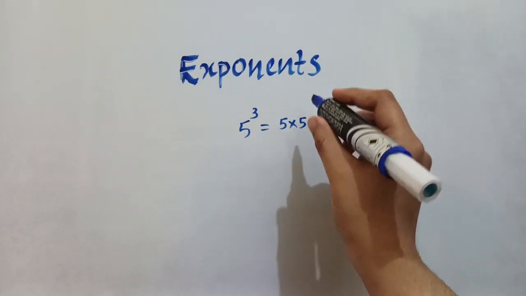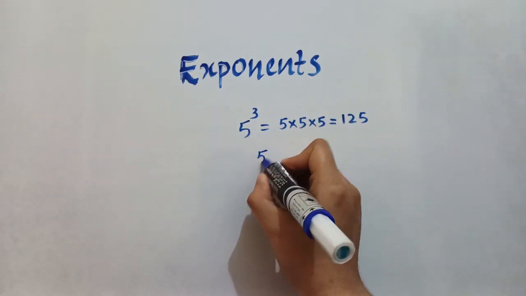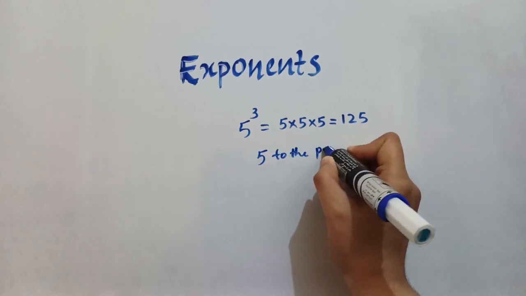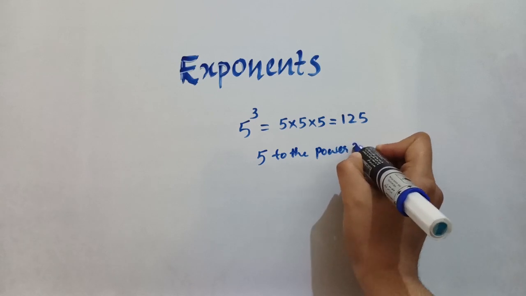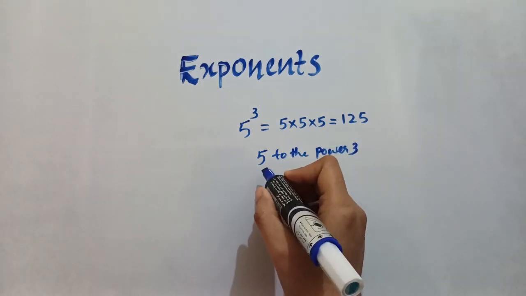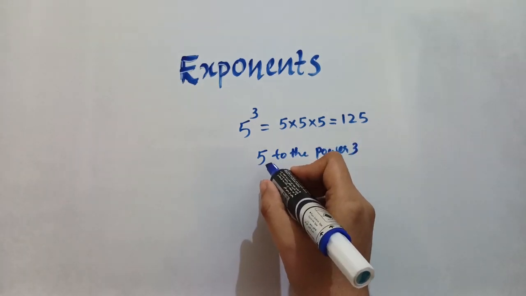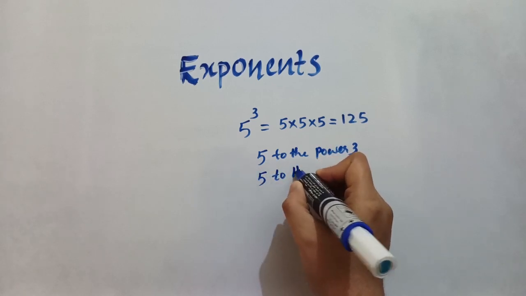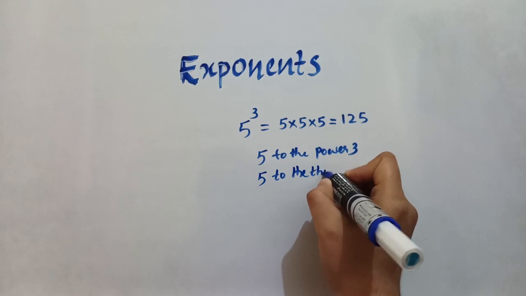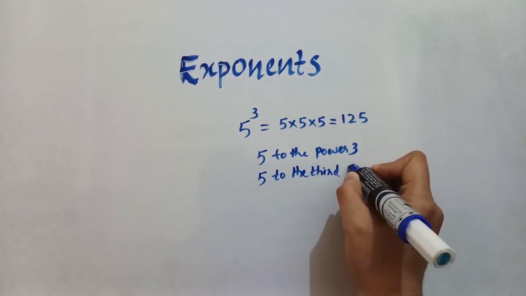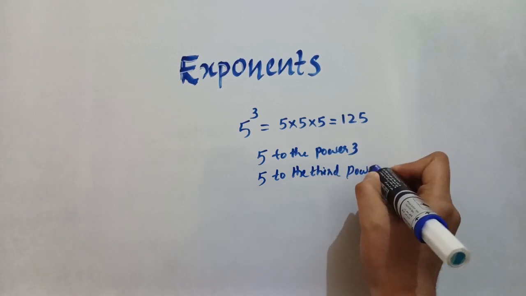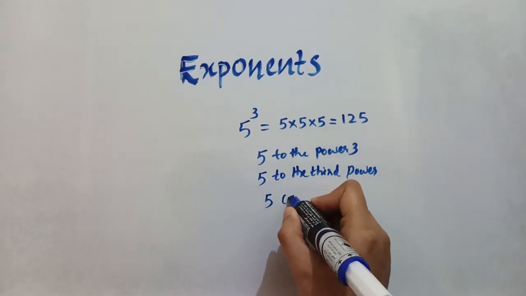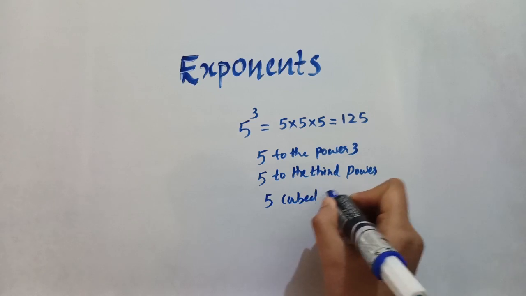So, in words we can say 5 to the power 3, or 5 to the third power, or simply 5 cubed.